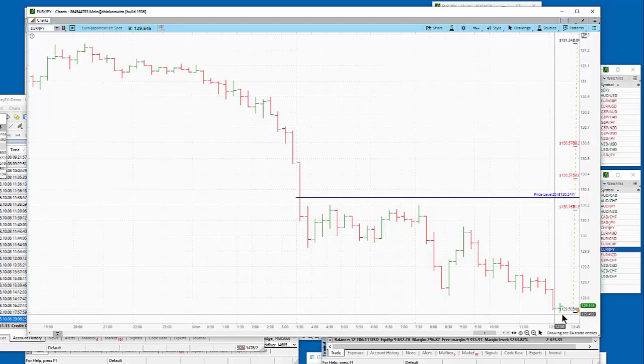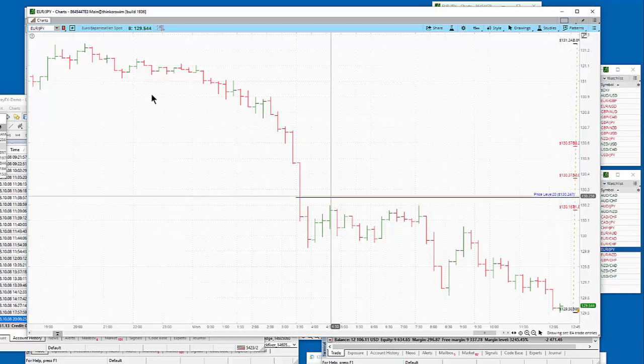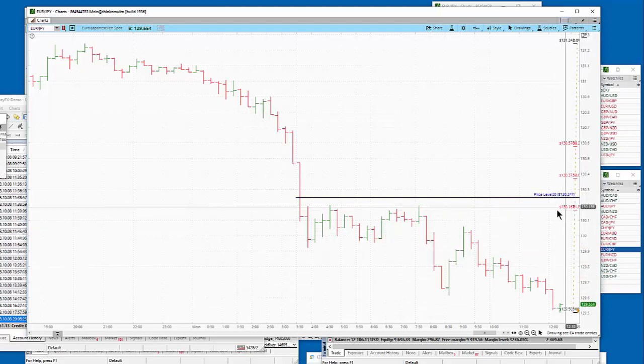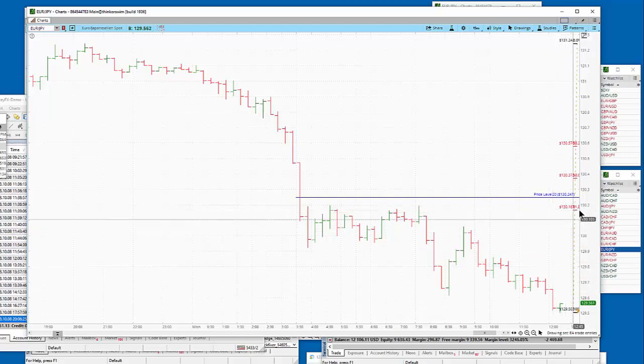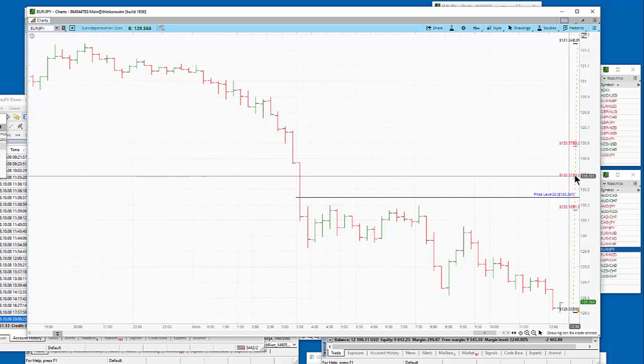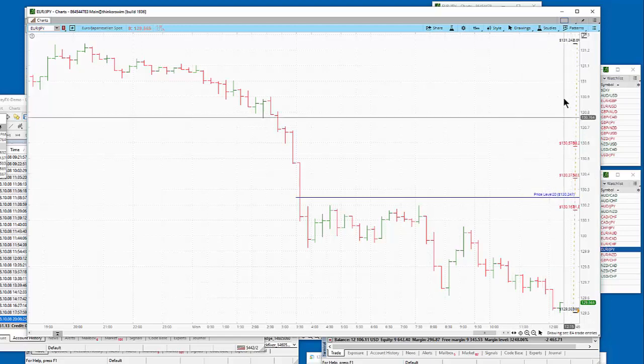Now if this in fact is the low for the trading day, when you've had a big move like this, what you have to consider is that a lot of times the price will rebound somewhere between 38% to 62%, and a lot of times it'll go back up 50% of the move that we've had.